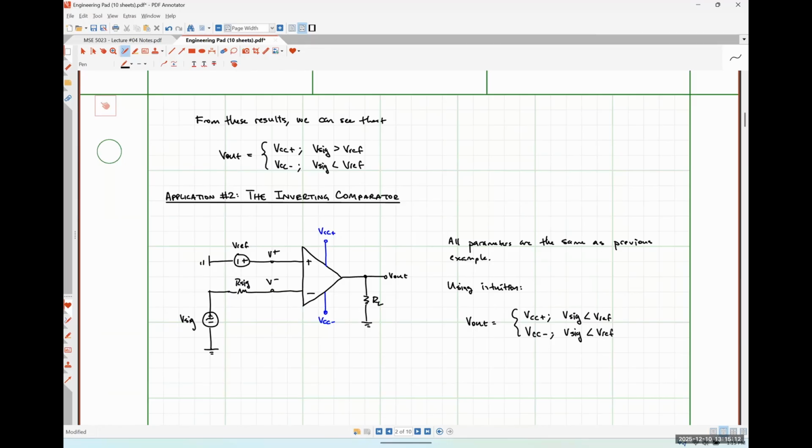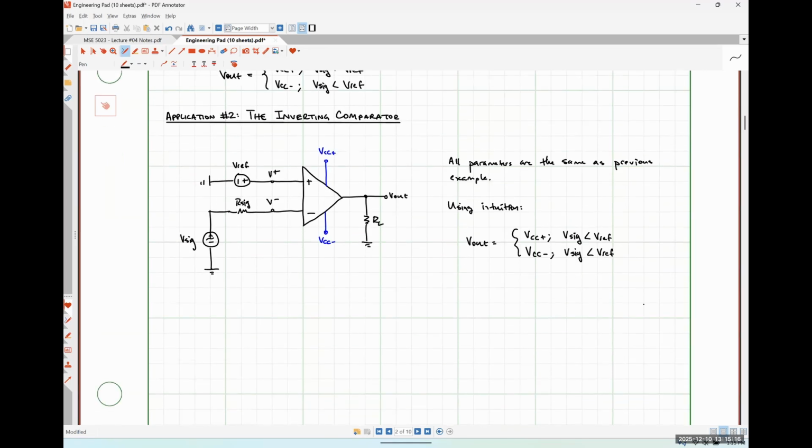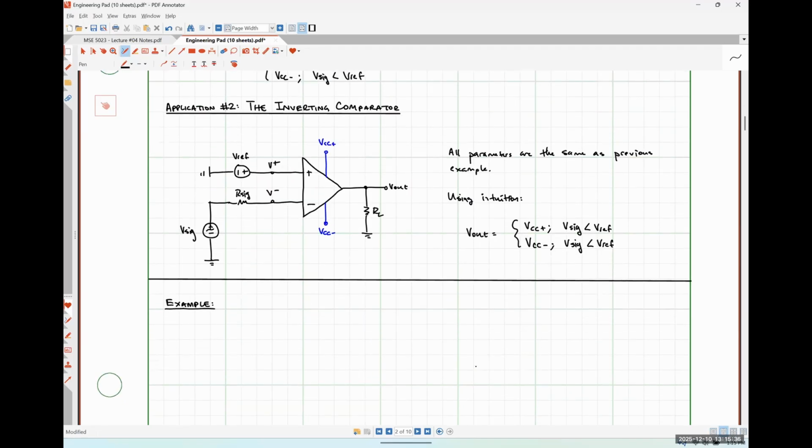So let's take this a step further. We're going to do a design example together. So I want us to design an analog to digital converter. Okay, so I'm going to write this out here really quickly.